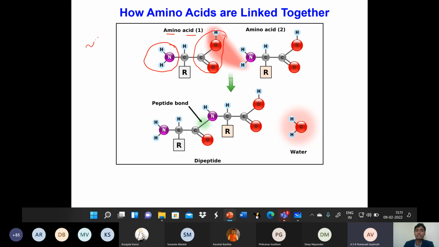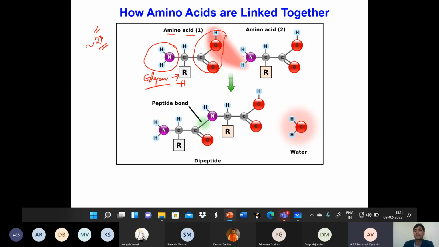We have 20 types of amino acids naturally available in our body, and one is the R group, the side chain. We have 20 different types of R group, and that's why we have 20 different amino acids. The simplest one is H, then it will be CH3 and much more complex ones. If R is H, that is called glycine.